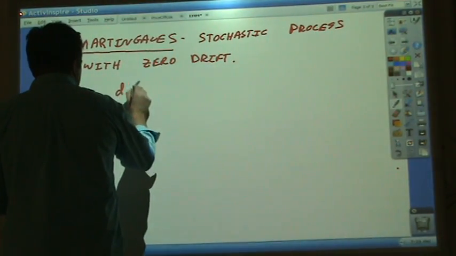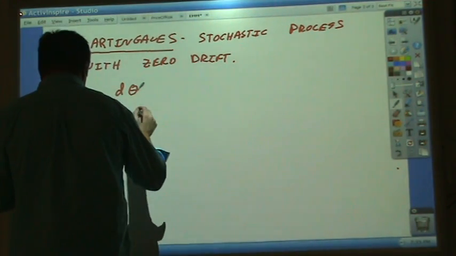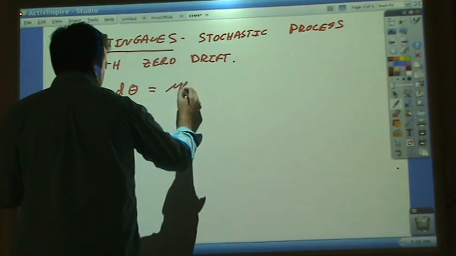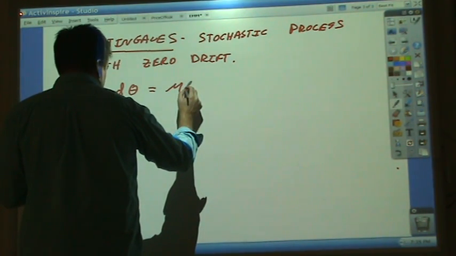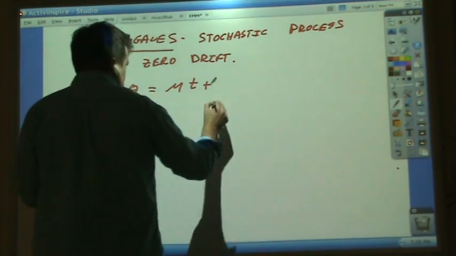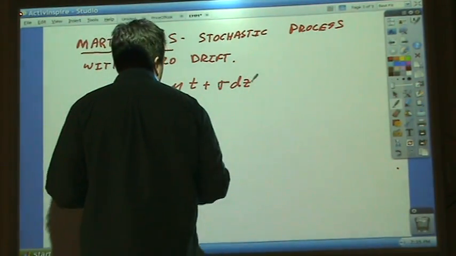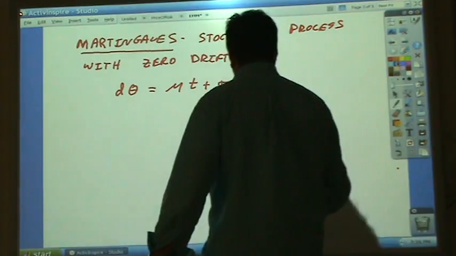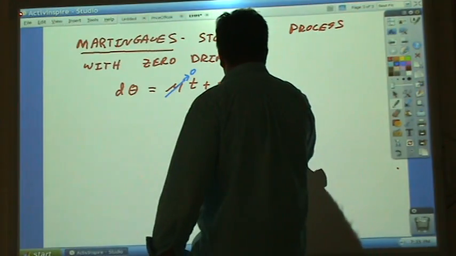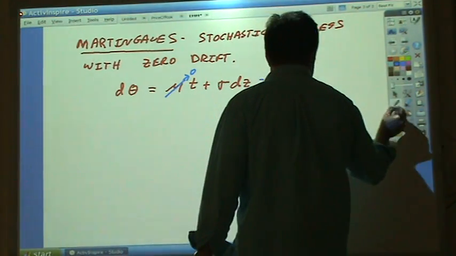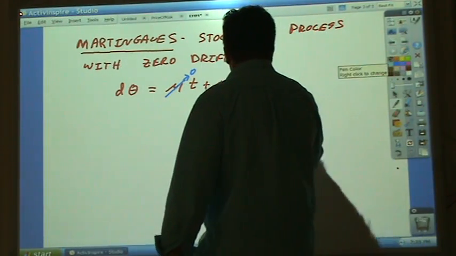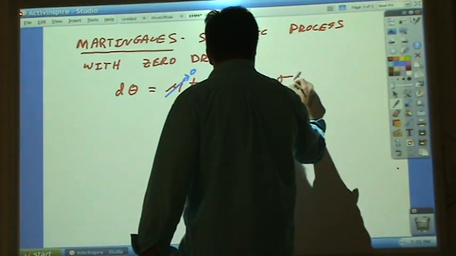So we could say the rate of change of a martingale would end up being mu t plus sigma dz, but considering the fact that mu is 0, this then equals sigma dz.